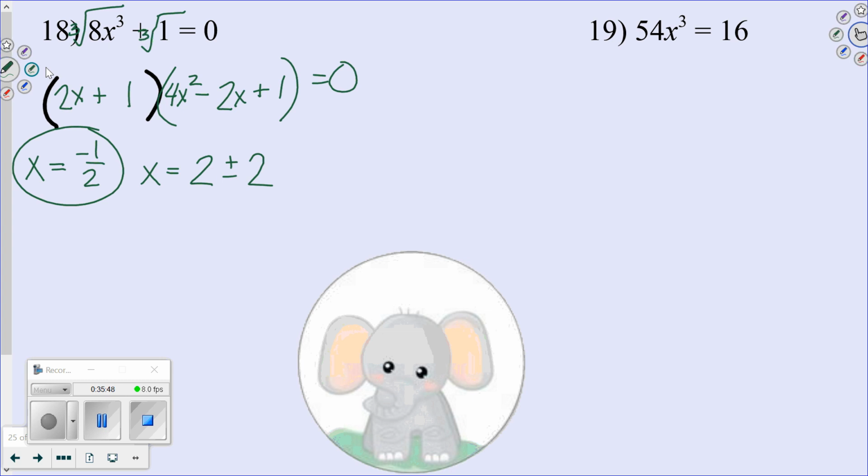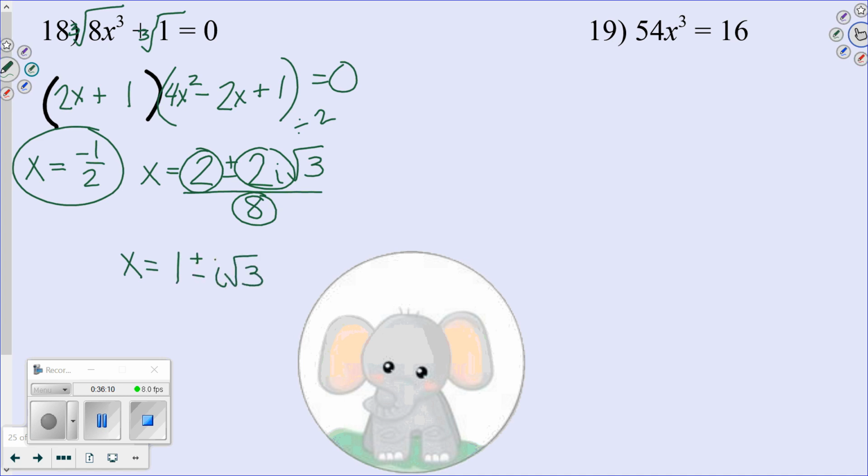Not just radical 3, but I radical 3 over 2 times a. So it'll be 8. And then all three of these I can divide by 2. So I get 1 plus or minus I radical 3 over 4. I need you to appreciate where it comes from.